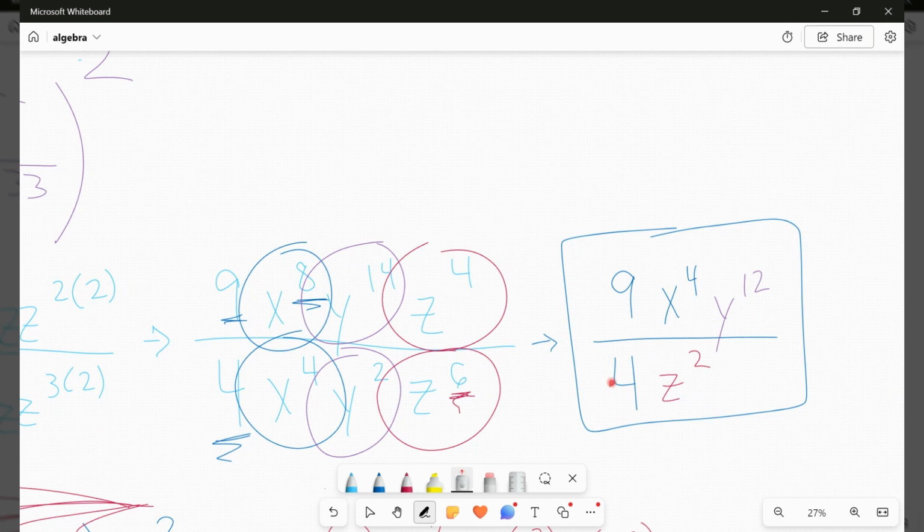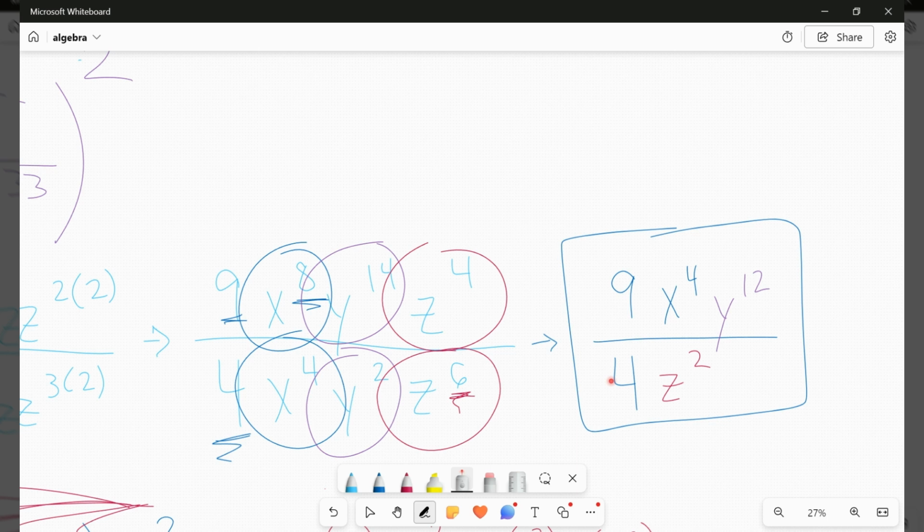The only other thing that's important to mention is the 9 and the 4. As you can see, I didn't do anything to the 9 and the 4. They just hang out in the front, which is fine. The only time we would have to do something with the 9 and the 4 is if they were 10 and 4 or 10 and 5, some numbers that have a greatest common factor that we can reduce by dividing them.